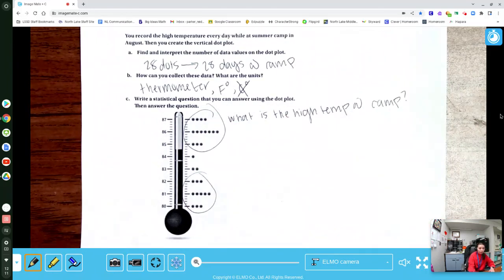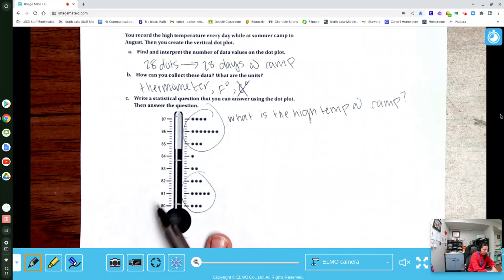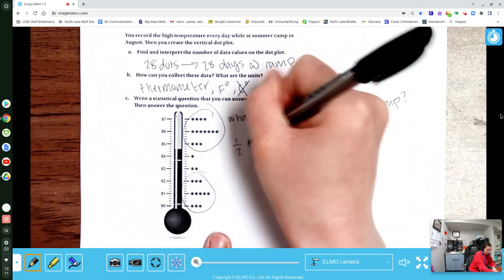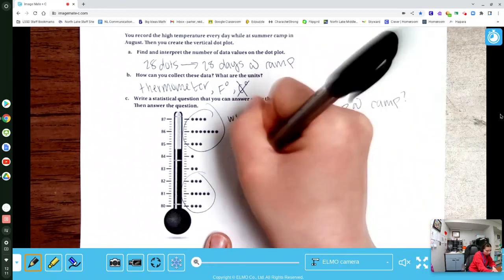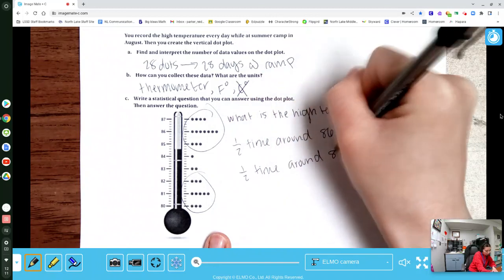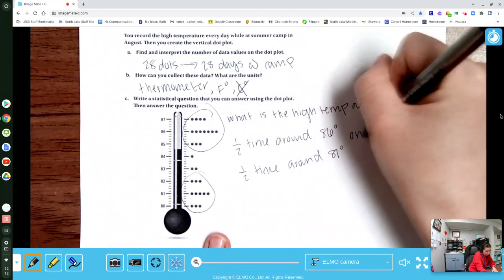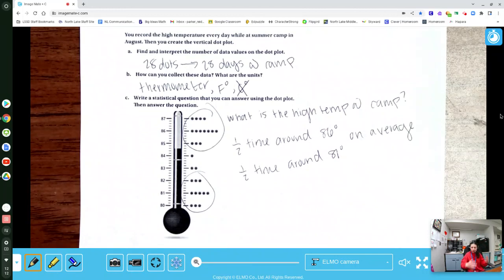So I might answer this by saying the high temp on average, about half the time is around 86 degrees, and about half the time it's around 81 degrees. So we can say half the time around 86 degrees, and then half the time around 81 degrees. This is on average because we're not saying that's always what it's going to be. It's just on average, about that temperature.